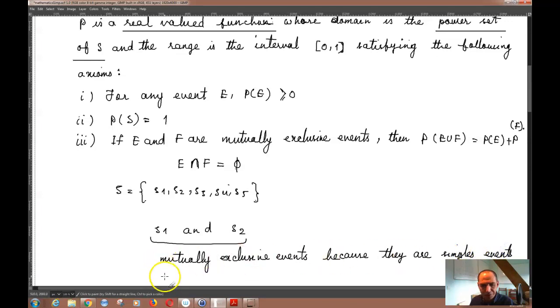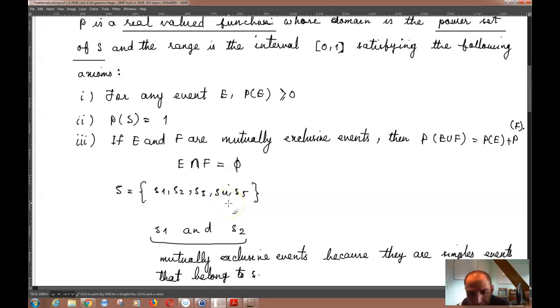They are simple events that belong to S. So since they are simple events of this experiment, of course they are mutually exclusive, and we have already talked about this, and it does make intuitive sense.